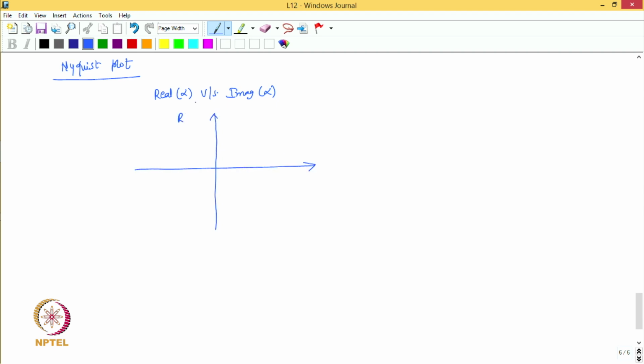We have the imaginary part of the FRF on the y axis, and the real part of the FRF plotted on the x axis. Different frequency points will be there like this, and when these points are joined together, they result in what is called the Nyquist plot.